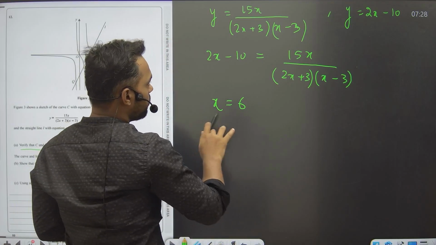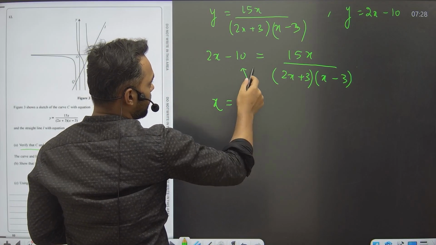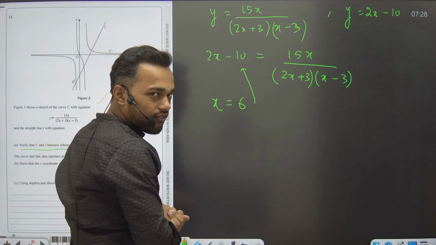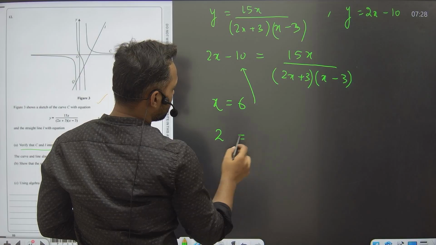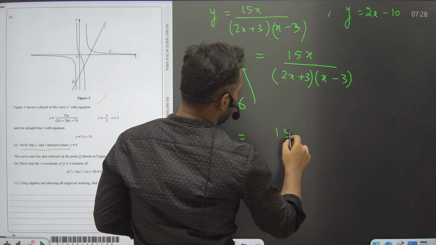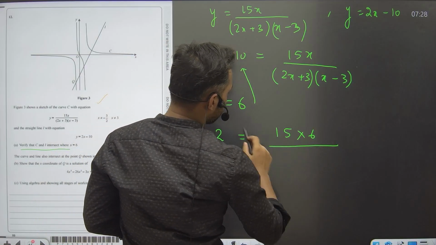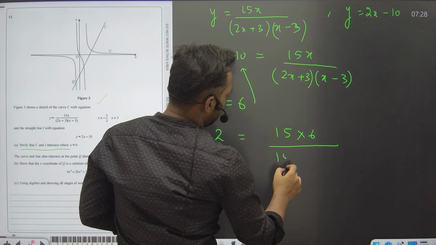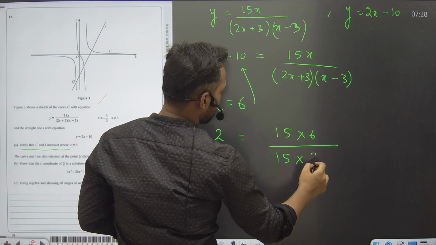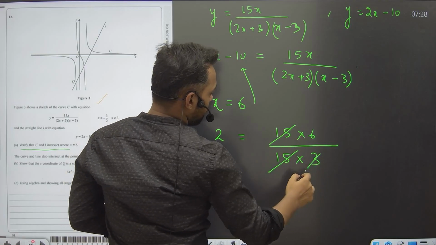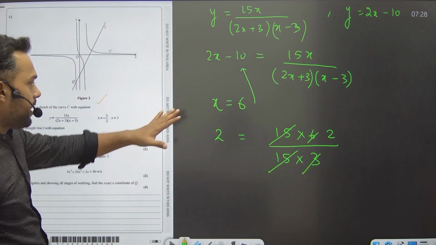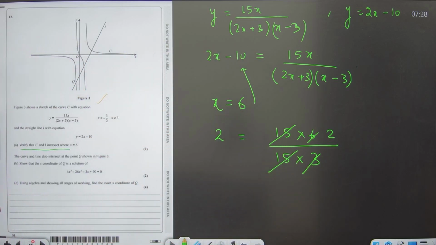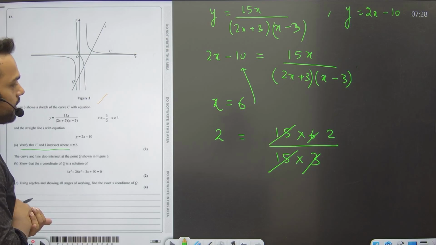So we just need to plug in the value of x on both sides, left hand side and right hand side. On the left hand side you will get 2, and on the right you will get 15 cross of 6 upon 15 cross of 3. You can see that both sides are equal, so at x equal to 6 the curve and the line are intersecting.